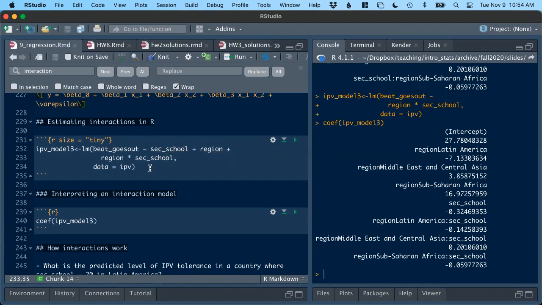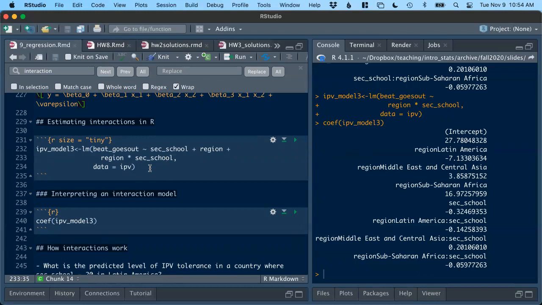Okay, because we look at coefficients, I'll briefly explain what these are, but I think visually it's much easier to understand. Our intercept is the reference still Asia? Yes, it is. So our intercept term, 27.8, is our expected value for Asia when secondary schooling is equal to 0, right?